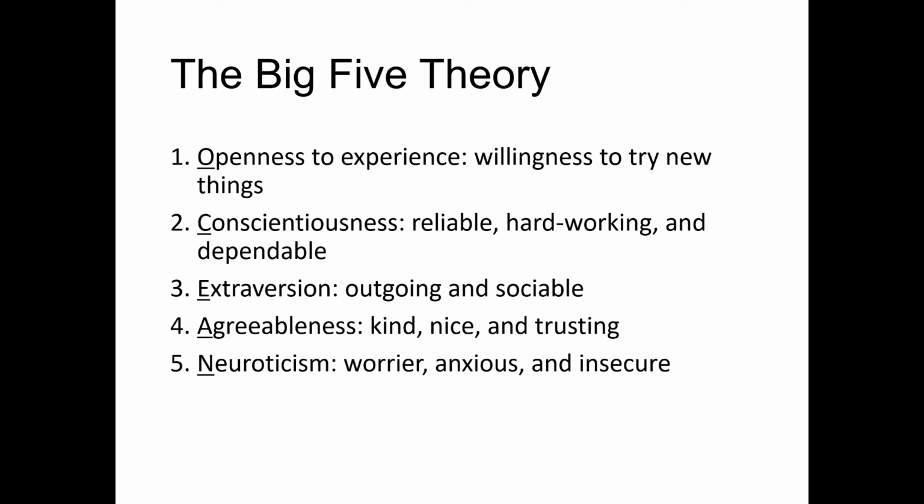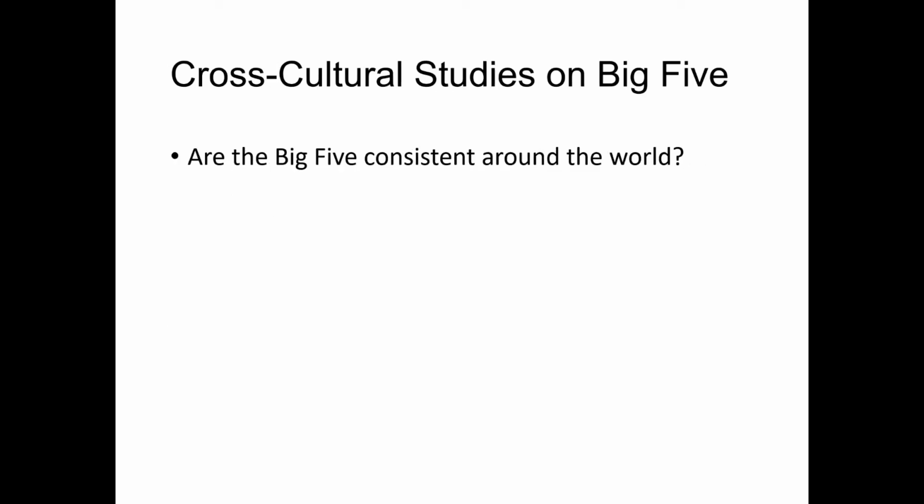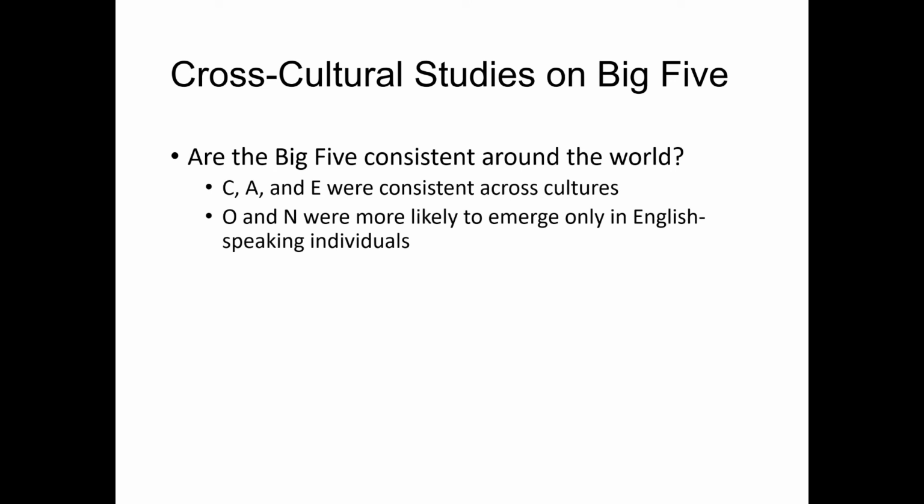So, are the Big Five traits consistent around the world? It has been found that conscientiousness, agreeableness, and extroversion were consistent across cultures. But openness to experience and neuroticism were more likely to emerge only in English-speaking individuals.